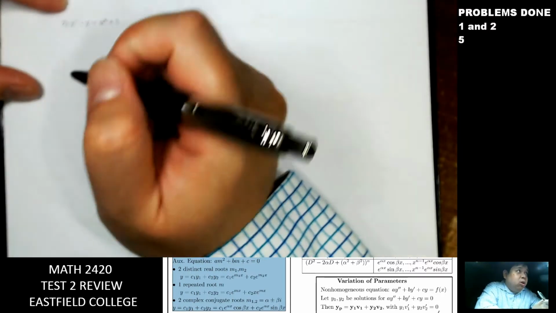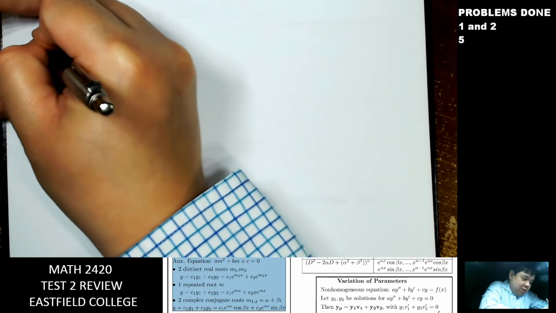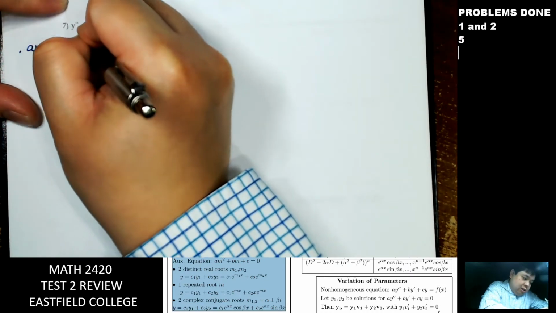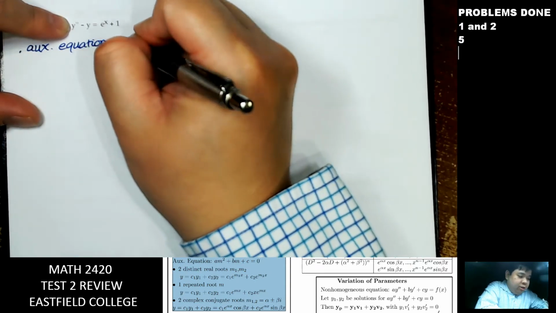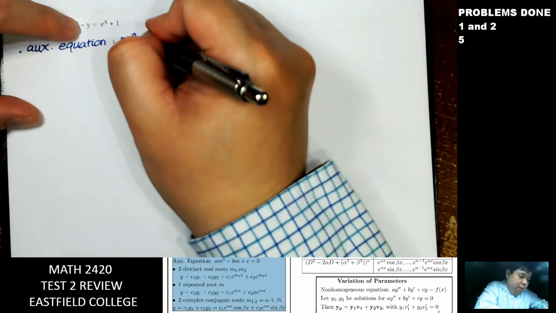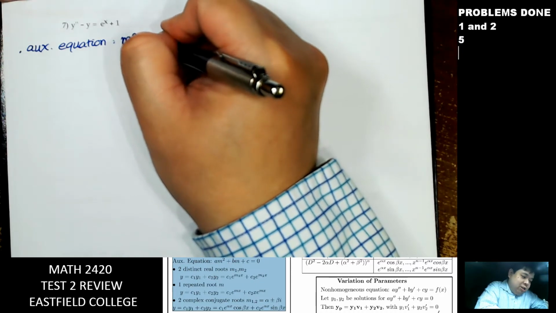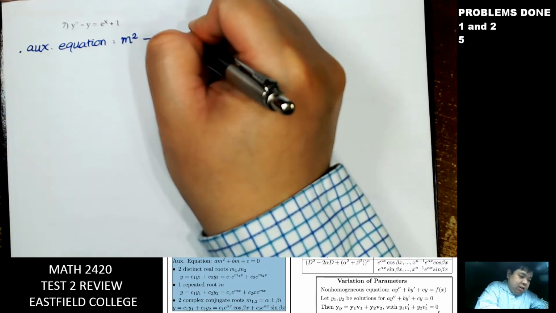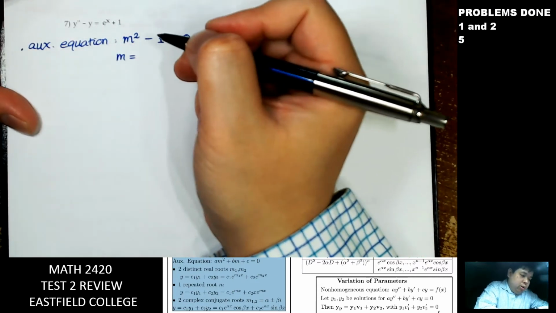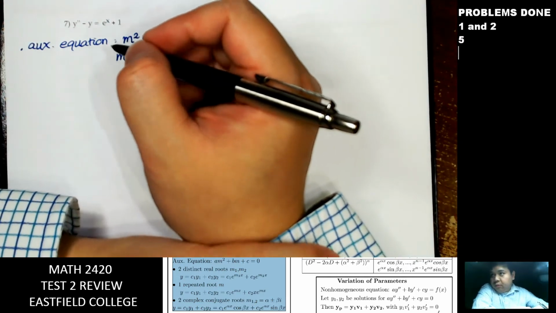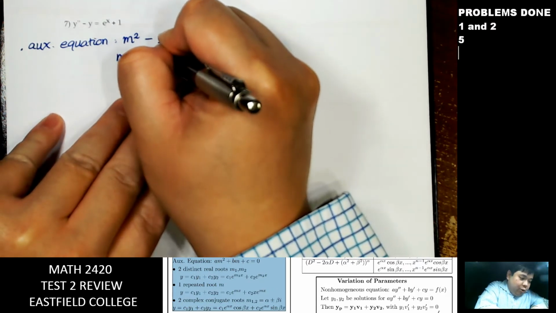First we have to look at the homogeneous equation, or pretty much the auxiliary equation. Here we have the second derivative, second power, minus the function that has no derivative, so we have no power, and we just have that. So the solution will be m equal to 1 and m equal to negative 1.